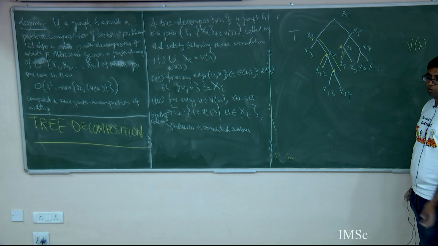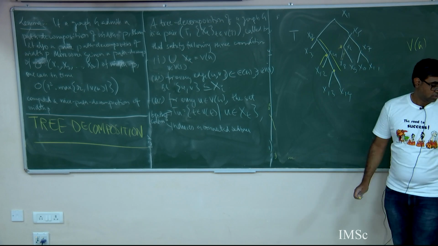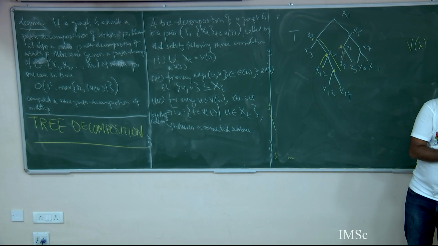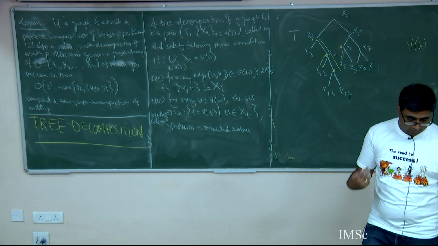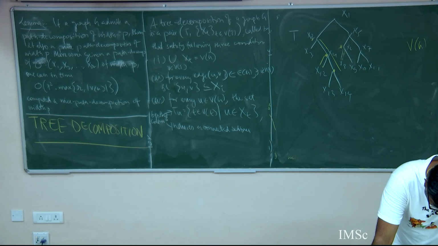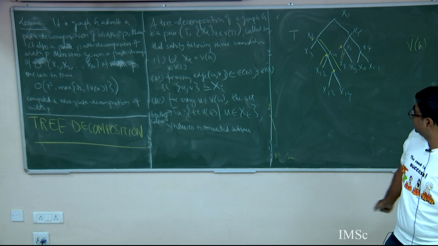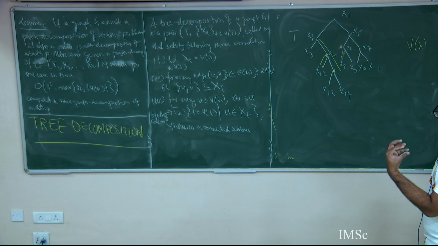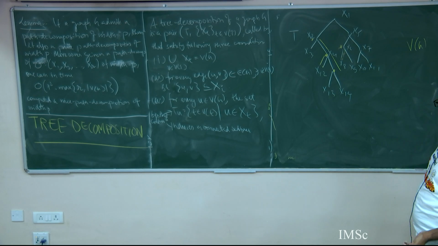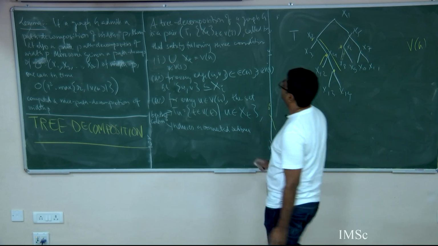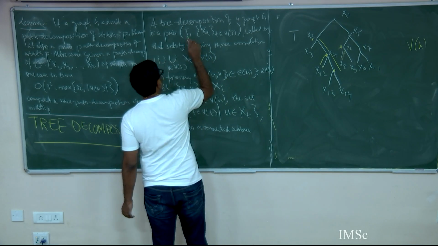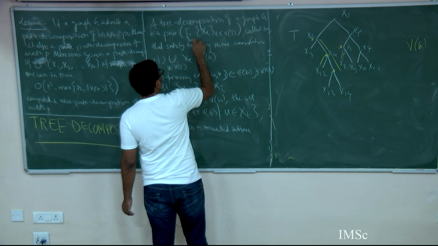So this is an important connectivity property. And with this beautiful connectivity property, we now prove a very nice analog of what we said before about the intersection. You can always think of this tree as a rooted tree.